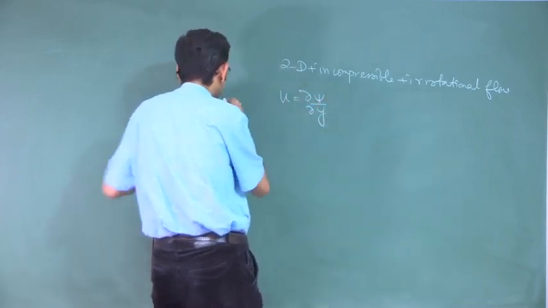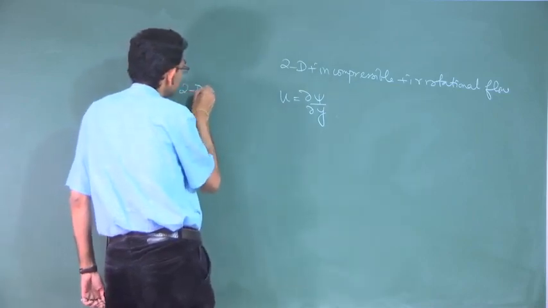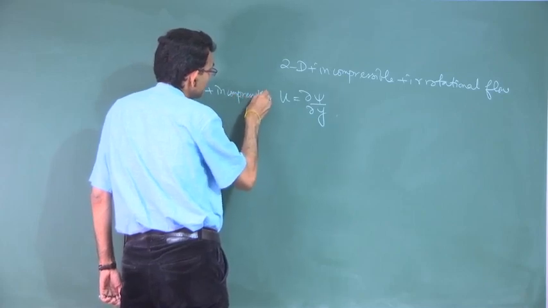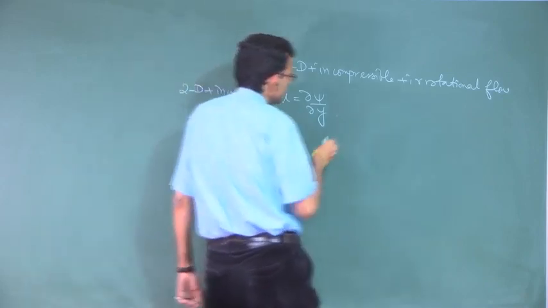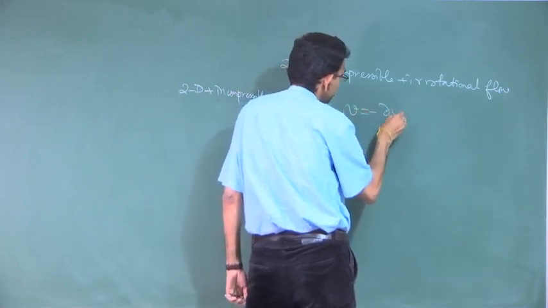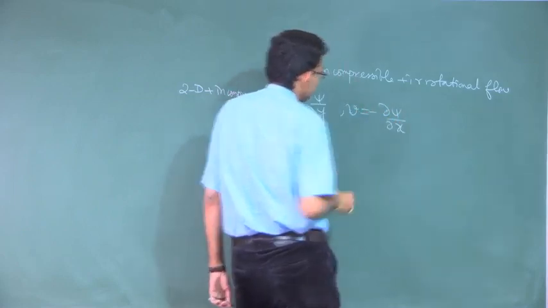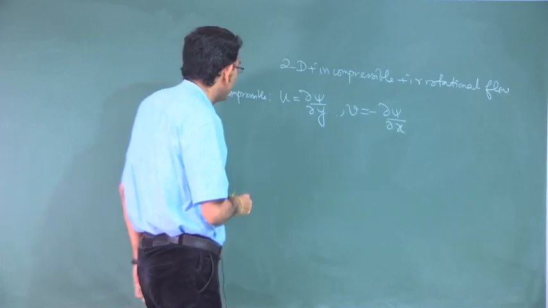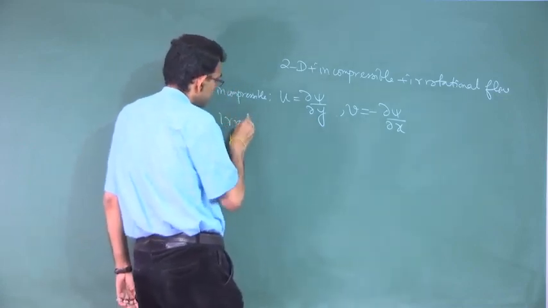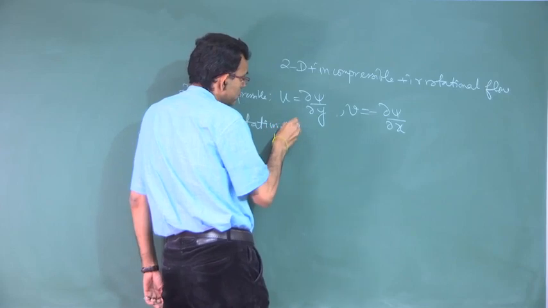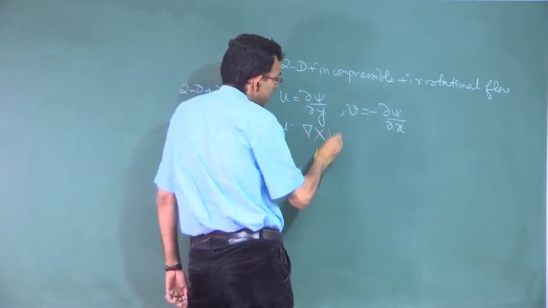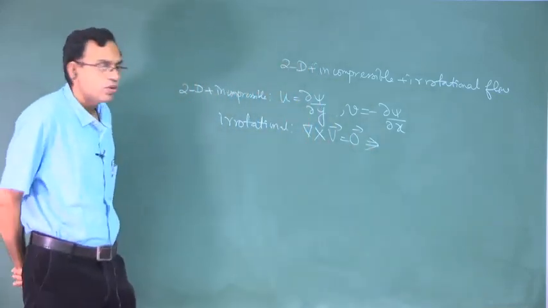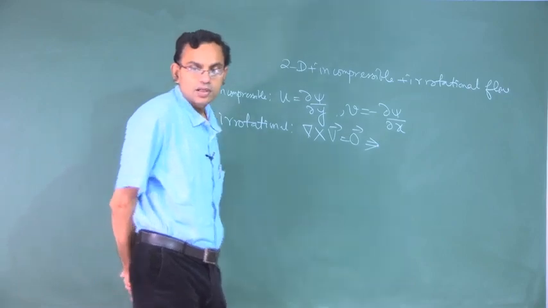So, for two dimensional plus incompressible flow, for irrotational flow, curl of velocity is a null vector, which is equivalent to the following two dimensional situation.